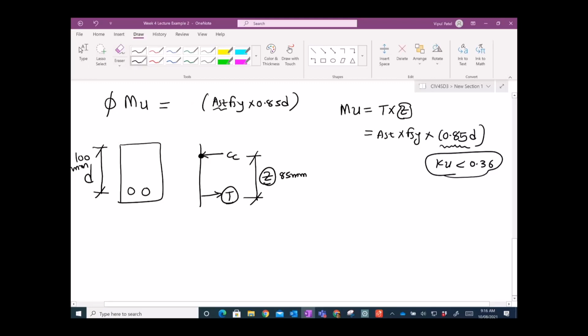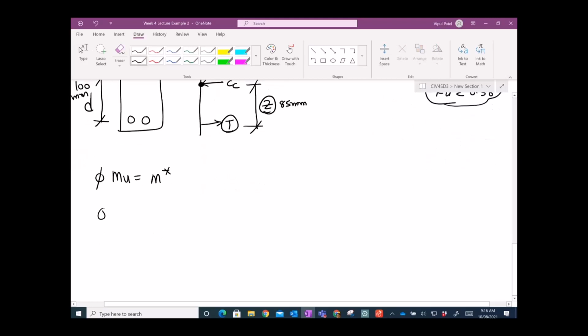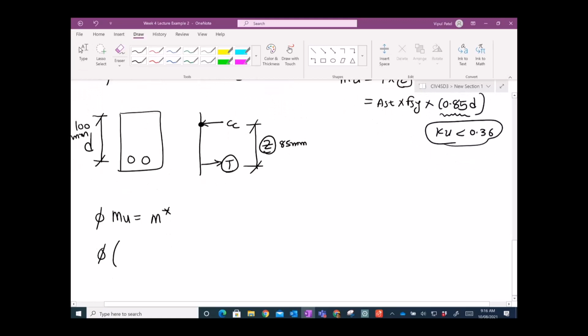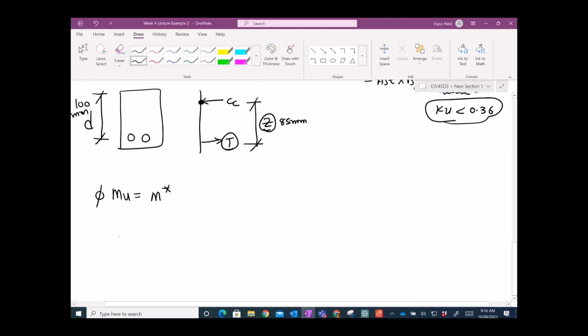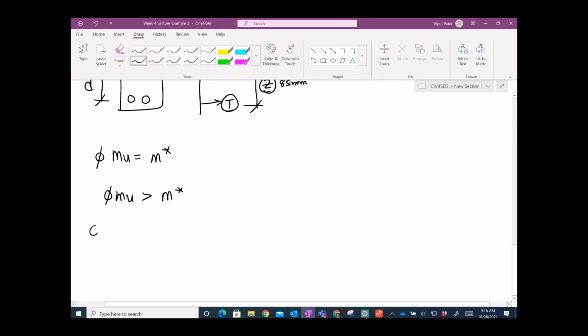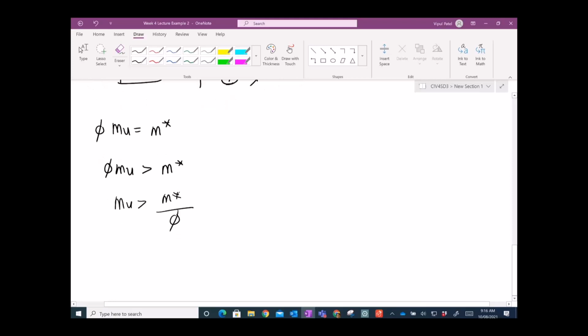Let's find the Ast. So let's say phi Mu equal to M star. Your phi Mu is always greater than M star, right? So Mu greater than M star over phi.